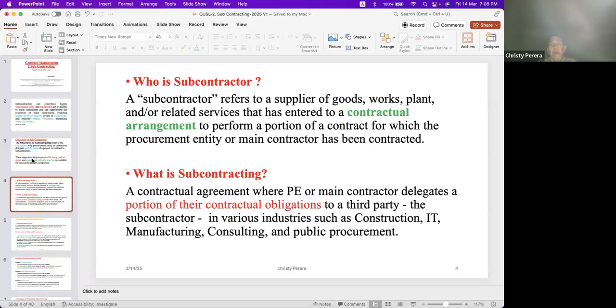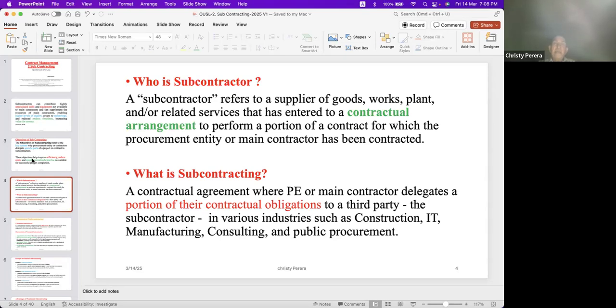Who is a subcontractor? A subcontractor refers to a supplier of goods, works, plant, or non-consultancy services, or consultancy services. But in consultancy services, we don't say subcontractors, we say subconsultants.